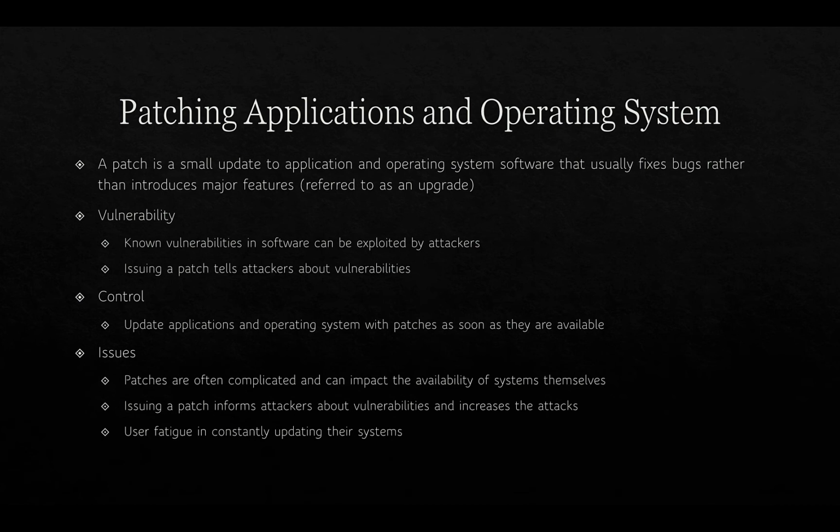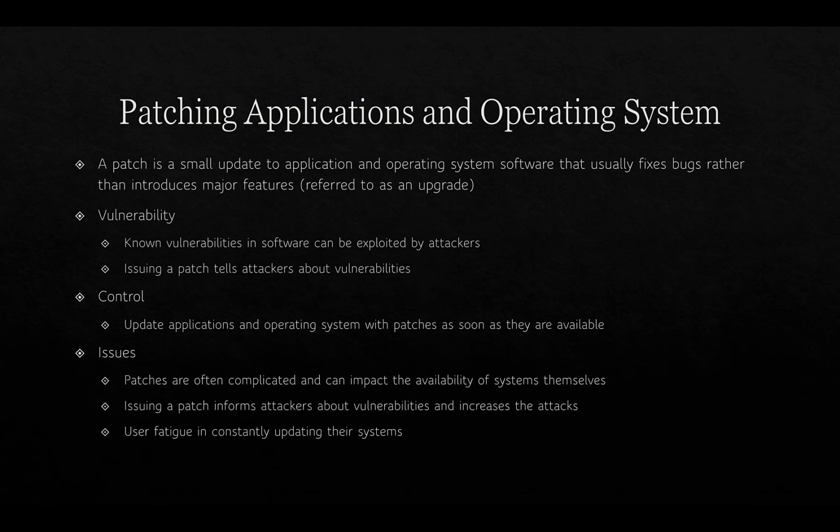And patches are often complicated and can impact the availability of systems themselves. So we introduce a patch, and then we find that that patch then breaks some functionality that you were depending on, or some interaction with other applications.